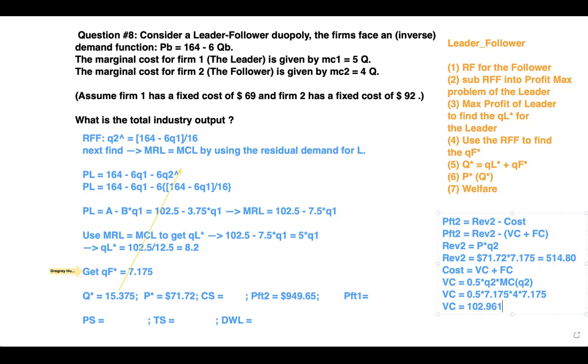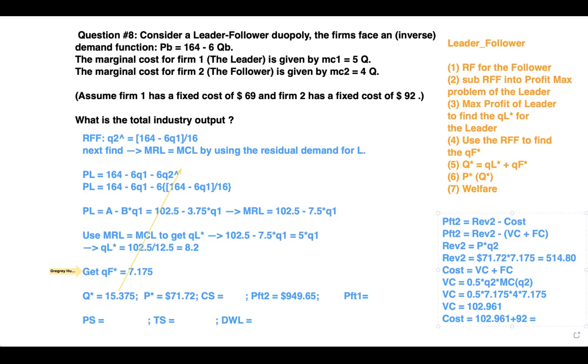Now our total cost is going to be 102.961 plus our fixed cost of 92. What do we get then?